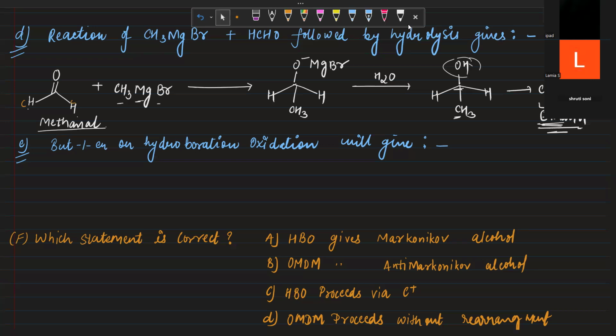Do you want the whole mechanism? No, no, you can tell me the direct product. So what is but-1-ene? First you write down the but-1-ene part. How can we write but-1-ene?